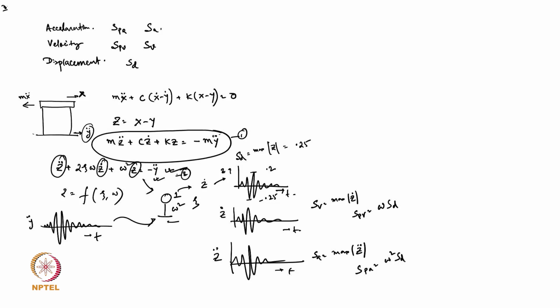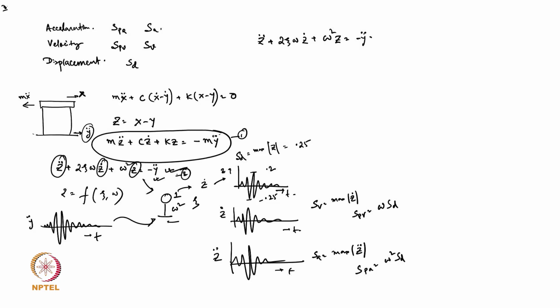Please pay a little attention to this equation. Maybe I'm just writing it again: Z double dot plus 2 xi omega into Z dot plus omega square into Z is equal to minus Y double dot.